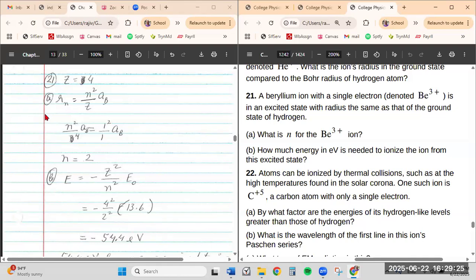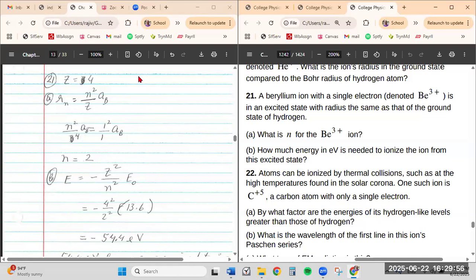So using the equation for the radius of the nth orbit, Rn is n squared over Z times aB. And we are told that it has the same radius as that of the ground state of hydrogen. The radius of the ground state of hydrogen is just aB, since n is 1 and Z is 1.